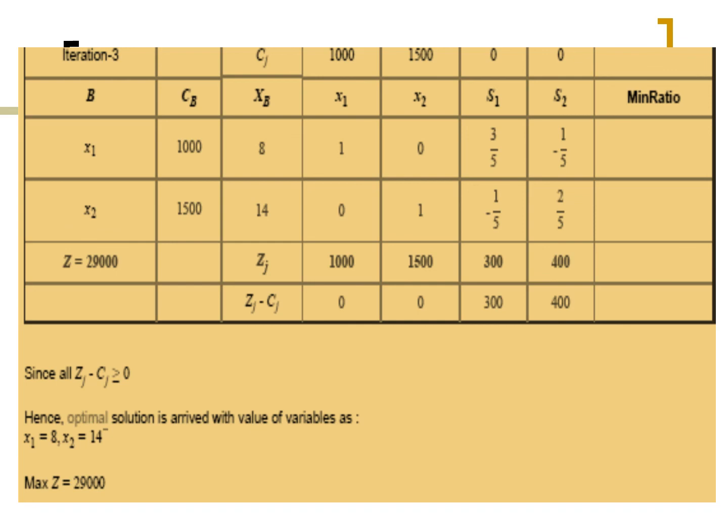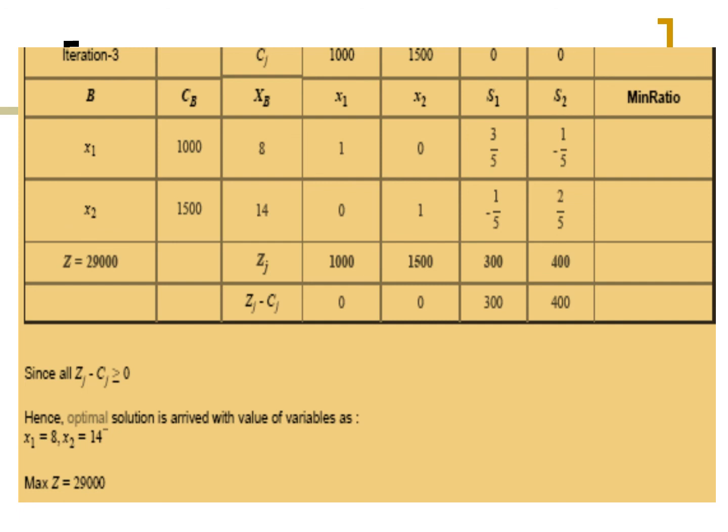Now if you see, all Zj minus Cj are either 0 or positive. That gives us a clear indication that the possible contribution is 0, 0, or in case of S1 and S2, it is not advisable. So we stop our iterations here.